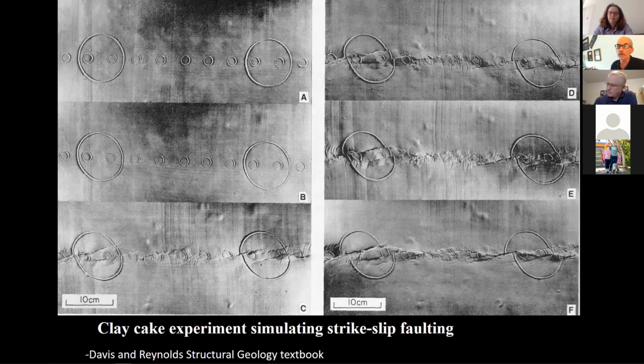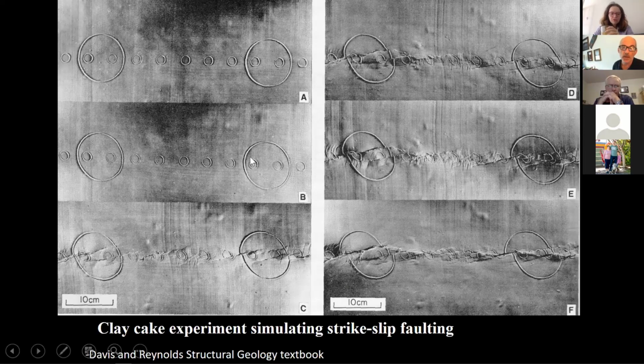So one way to look at this, and one thing that's been very influential in thinking, is experimental work. And so this is a classic called clay cake. It's a cake of clay that had a slit in the material underneath it. And as they sheared it, you could see, this is a left lateral example.